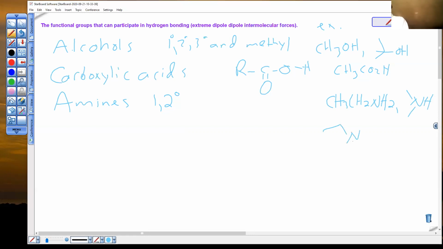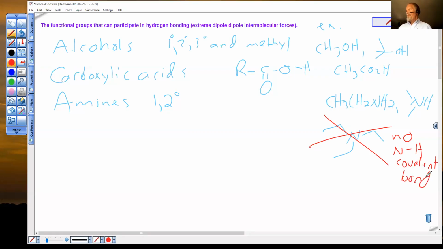Here's a popular tertiary amine. Doesn't belong. No NH covalent bond. So that molecule cannot hydrogen bond with itself. That one is tertiary. It's not on the list.